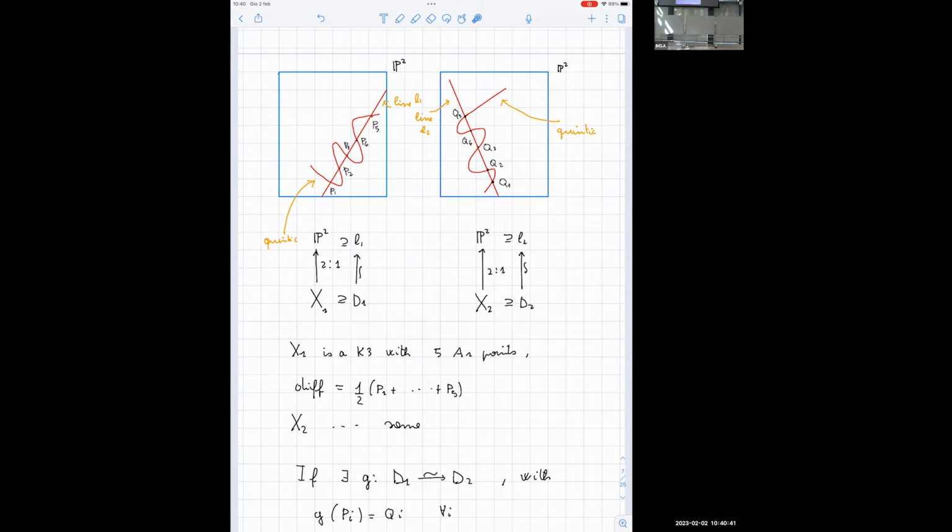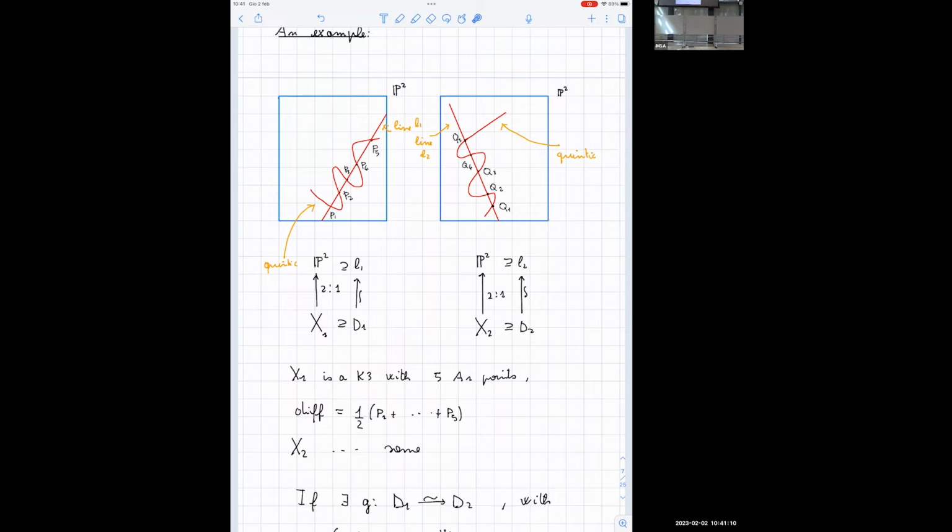So you can take the double cover of P2 branched on this curve in red. It's slightly singular. You will have A1 points, nodes, over the points where the line intersects the quintic.